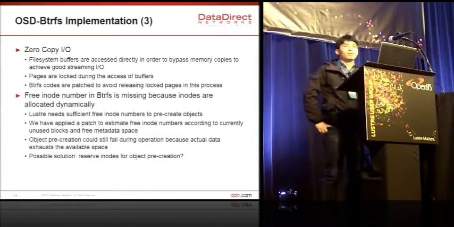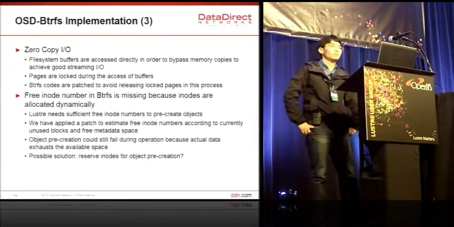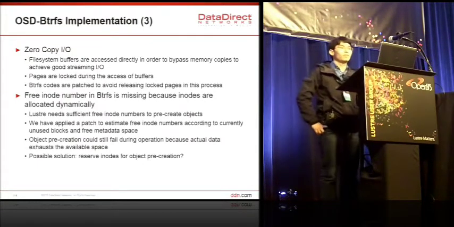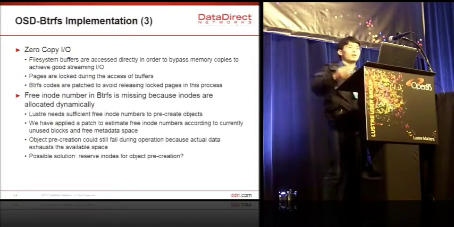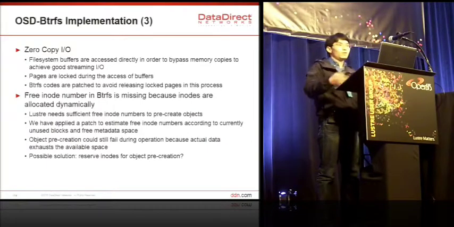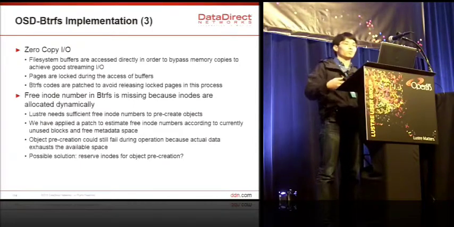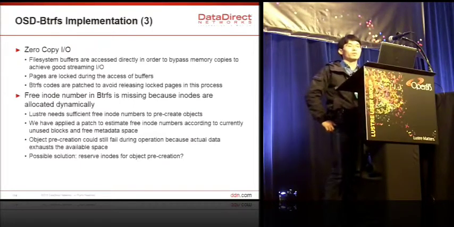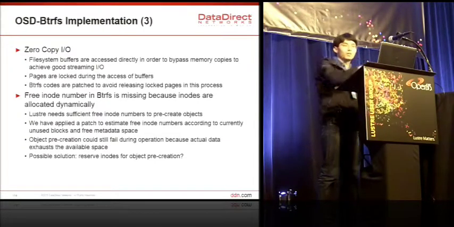And there is a problem with this, which is the free inode number. Btrfs doesn't have a free inode number because the inodes are allocated dynamically. But Lustre needs that number. It needs to calculate the free inode number when it pre-creates objects.